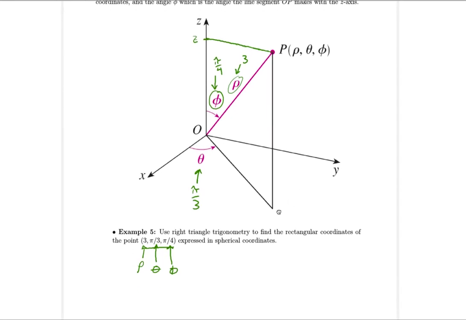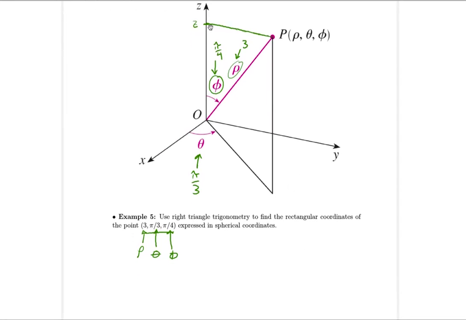Okay, so what would I do with this? Well, since I'm forming this triangle, and it has a 90-degree angle here, it's a right triangle, I know that trig tells me the relationship between z and the other sides and angles. So I know that the cosine of phi has to equal the adjacent, which is my z value, over my hypotenuse, which is rho.